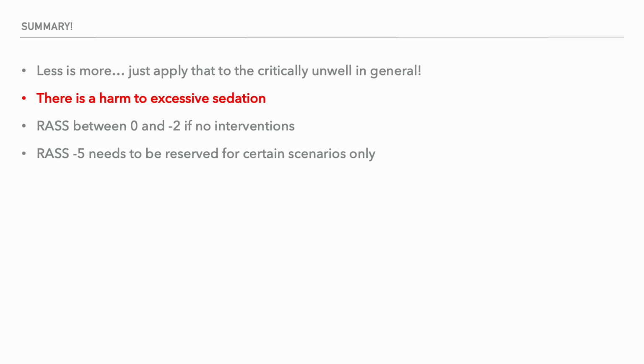And we can do that by using the RAS scale. The RAS scale, 0 to -2, would be very appropriate if there's no interventions that day. However, RAS -5 needs to be reserved for the patient in specific scenarios where we couldn't use that target.